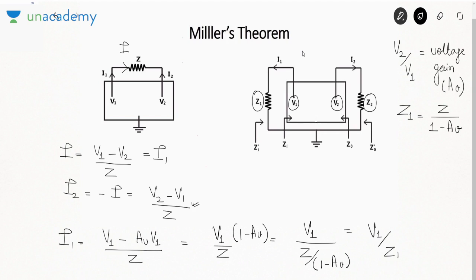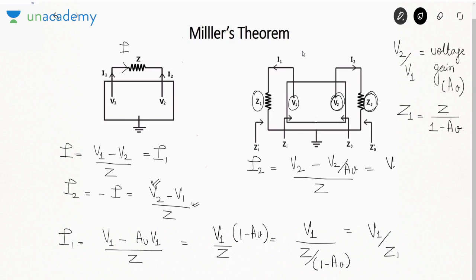Similarly, in the second part, I2 is (V2 minus V1) by Z. But when you refer it to port 2, Z2 is only connected across V2. So in this expression, I only want V2 and not V1. So I'll write V1 as V2 by AV.